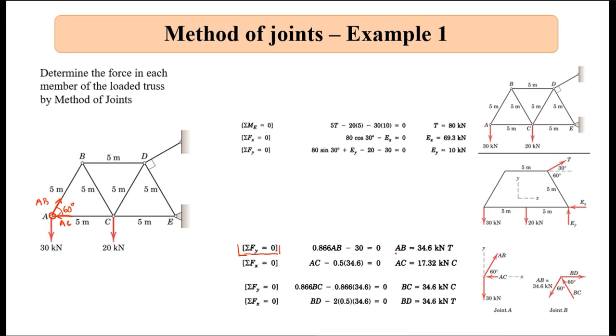From that, I get AB equal to 34.6 kilonewton. T means tension, because this is acting away from the joint. I had taken it away from the joint. So I get that to be 34.6 kilonewton in tension.